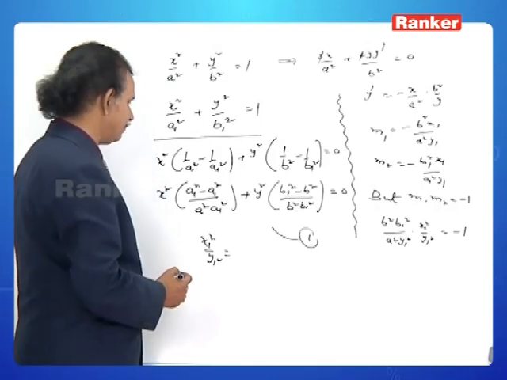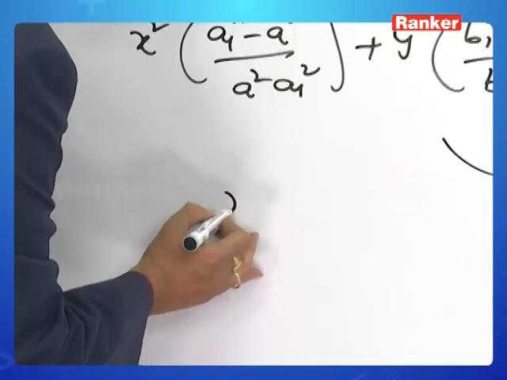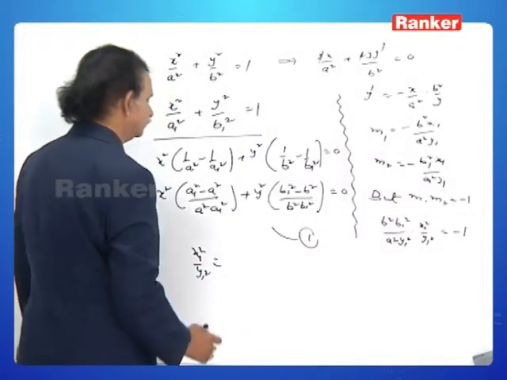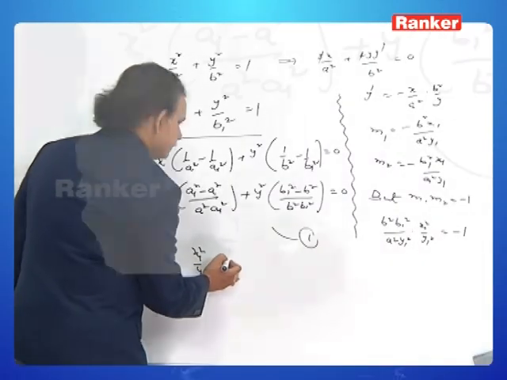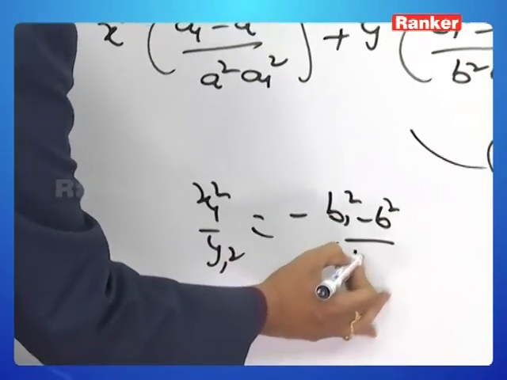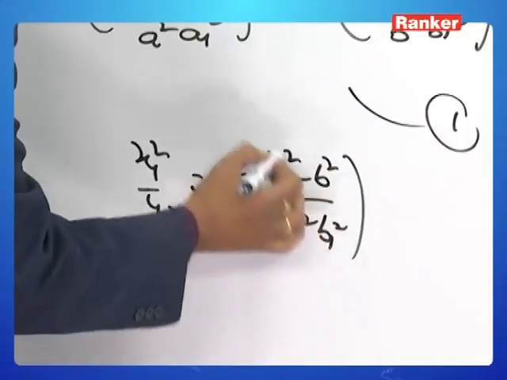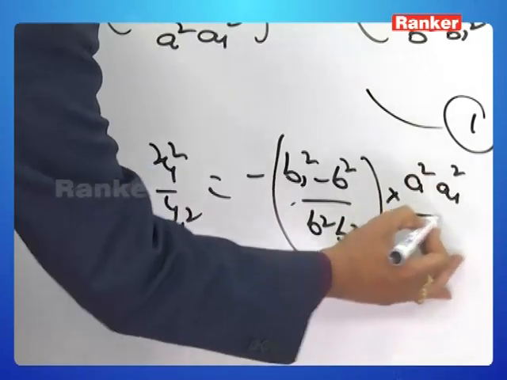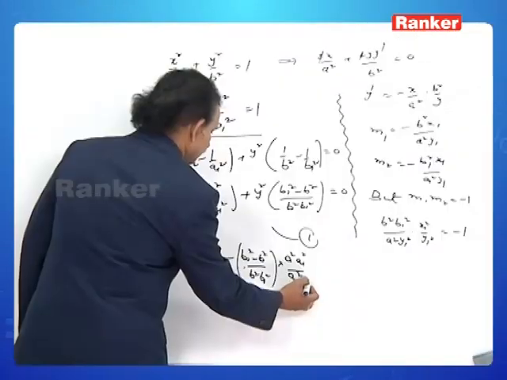What is going to happen? x1 squared by y1 squared is equal to minus (b1 squared minus b squared) by b squared b1 squared into a squared a1 squared by (a1 squared minus a squared), isn't it?